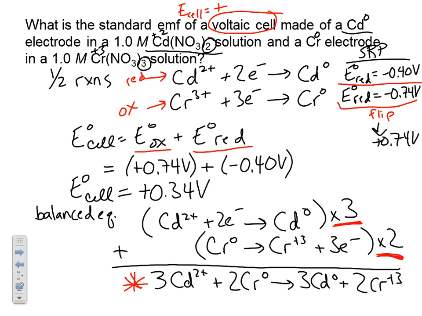You do not do that. Yes, you have to do it to the half reactions, but you are not going to touch this 0.74 volts and this minus 0.40 volts. Those are locked in because they are not dependent on the amount of moles that you have. So that's a really big thing: yes, I did have to multiply these half reactions by something, but I am not at all changing or altering the value of the standard reduction potential in order to get a full balanced equation.